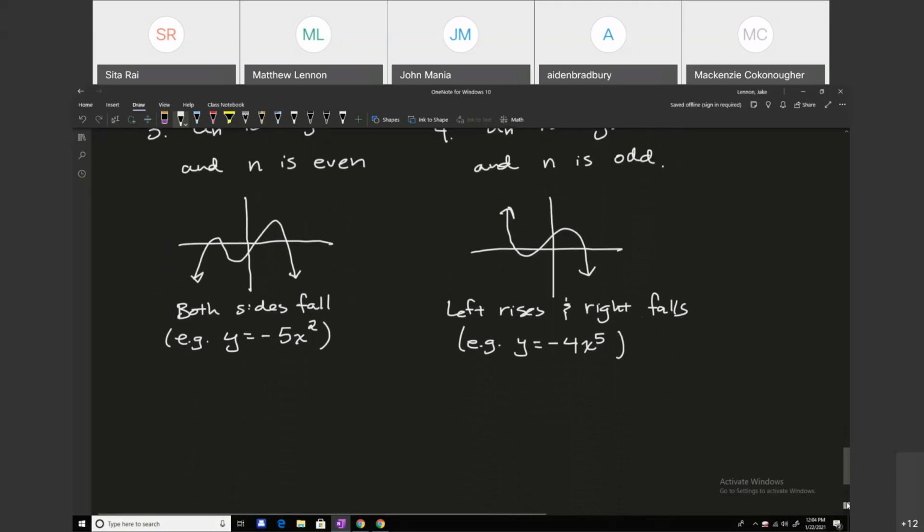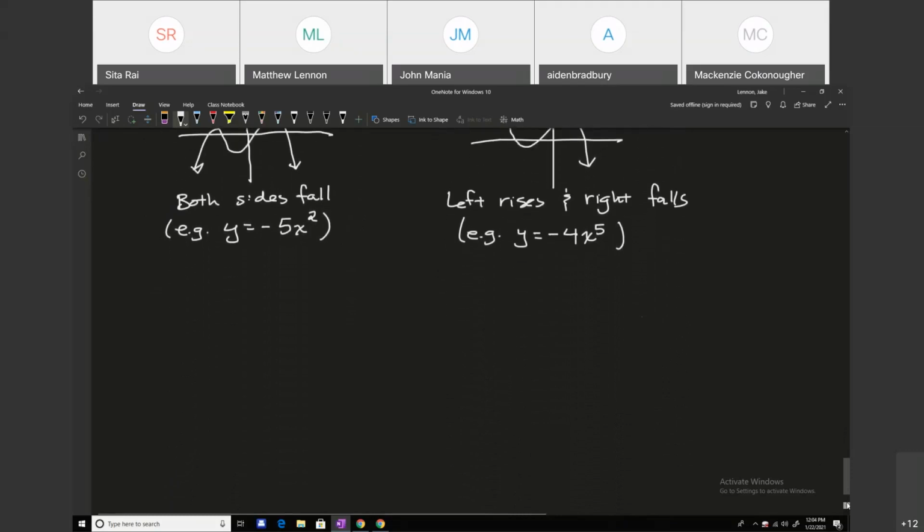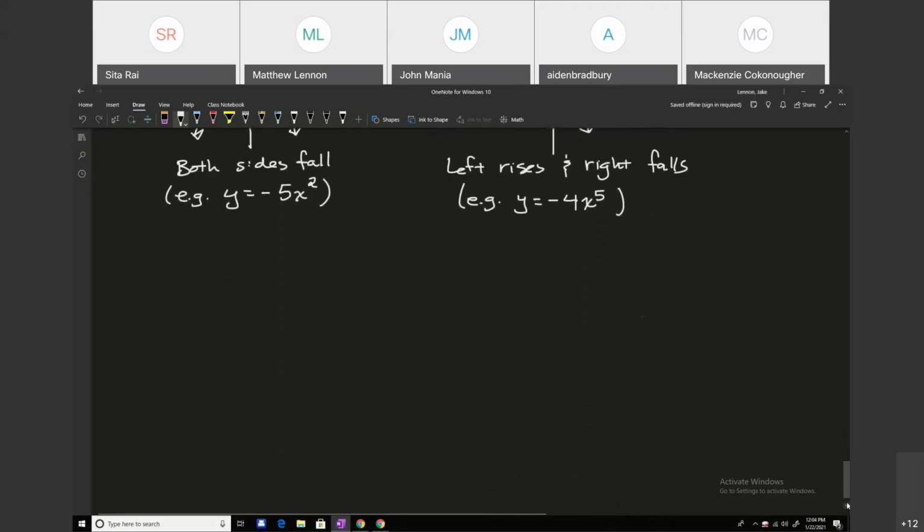Again, this is kind of big picture. The thing is, in order to get the intermediate behavior, we have to be able to factor the polynomial, and that's not always an easy thing to do, especially when the degree gets higher. So we have our intermediate behavior.